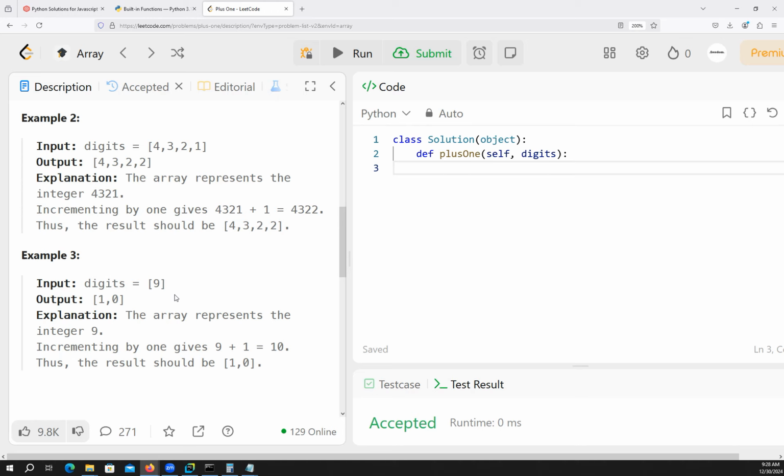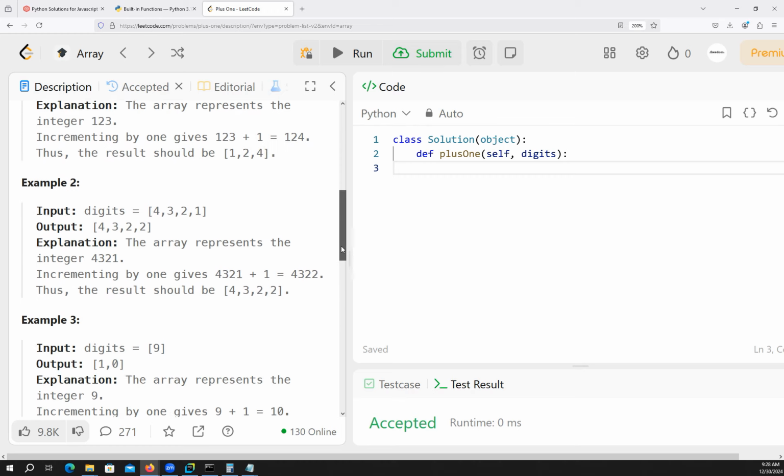So of course after 9 comes 10. You've got to put it in list form as 1, 0. So yeah, taking a list of integers, incrementing the multi-digit number by 1 and returning that result.